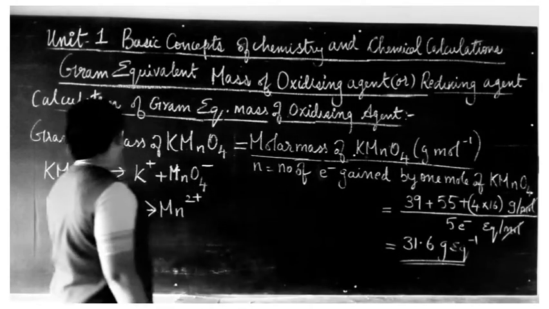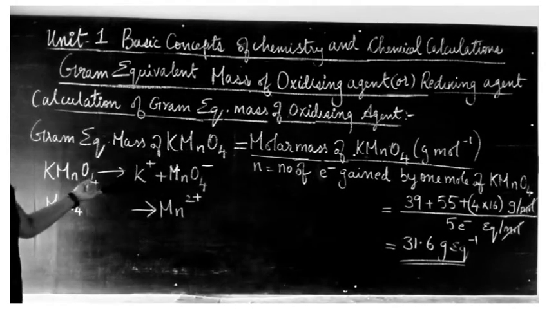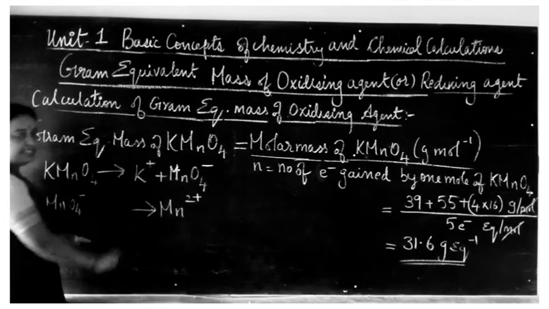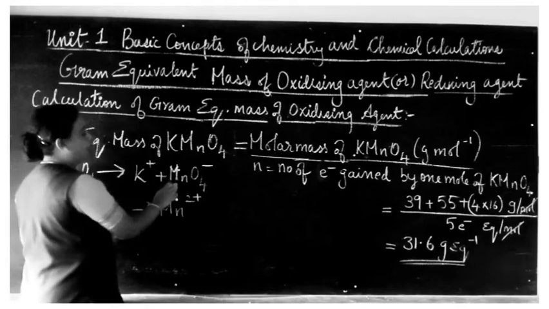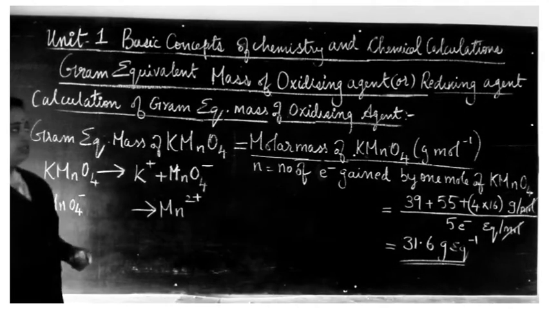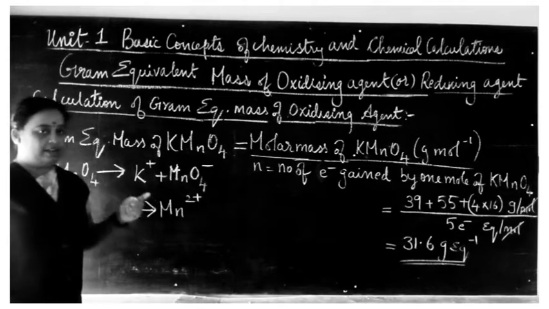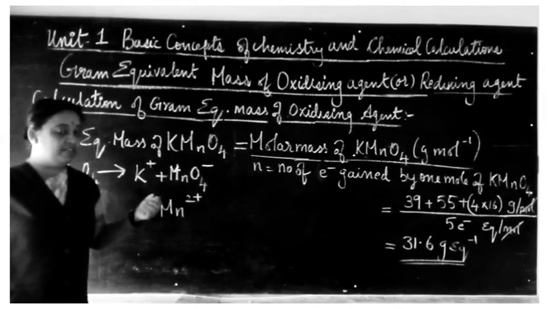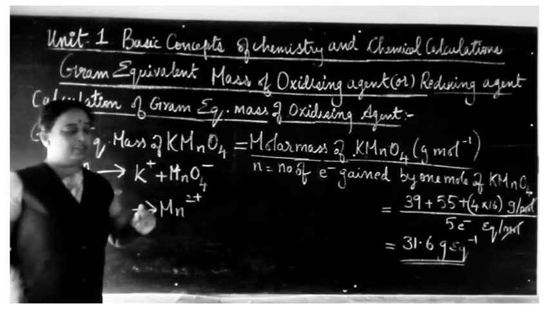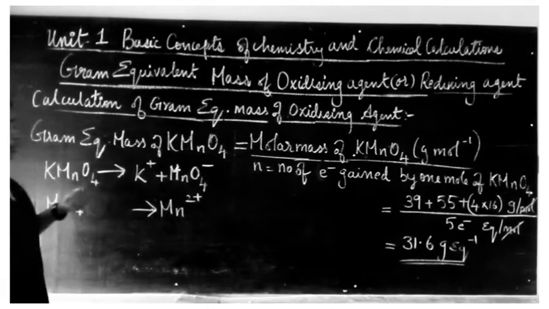KMnO4, potassium permanganate, undergoes ionization to form K plus ion, which is a cation, and MnO4 minus ion, which is the anion. Because an oxidizing agent is an agent which itself gets reduced, and reduction means gain of electrons, we will see how the electrons are gained.